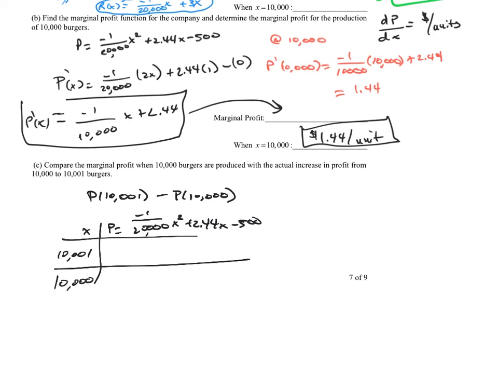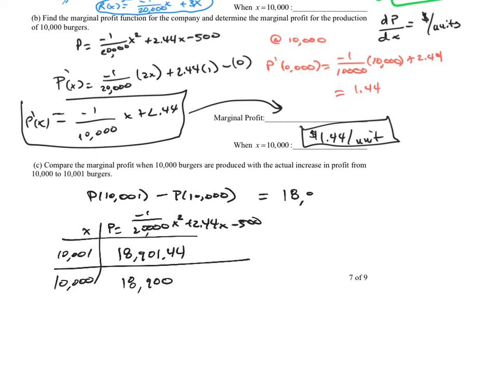I make sure ask x is selected, hit enter. Now I type in the numbers 10,001, hit enter. I'm getting 18,901.44 rounded to the nearest cent. And then I hit 10,000, enter, and then I'm getting $18,900.